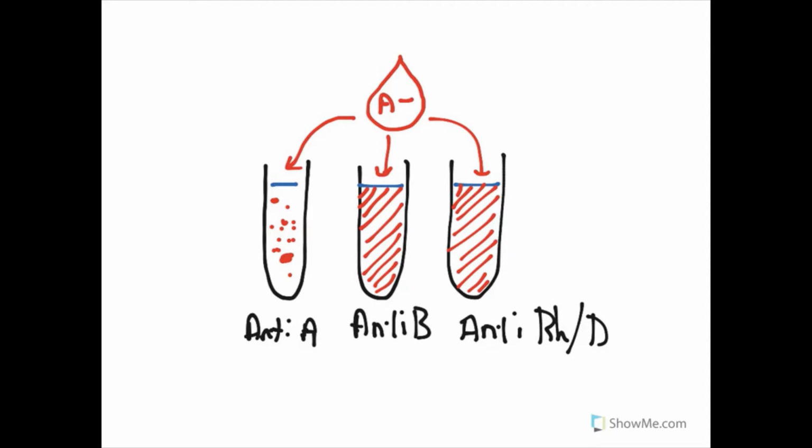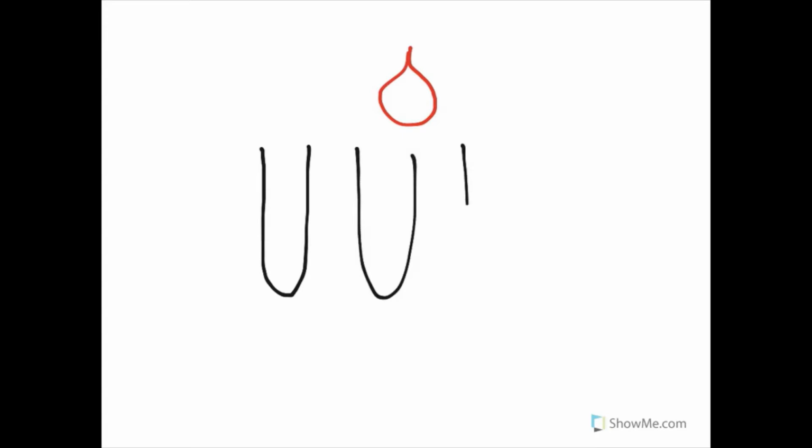Okay, cool beans. So now let's see another mystery blood here, a mystery drop of blood. We've got 1, 2, 3 vials again, our same 3 vials with anti-A, anti-B, and anti-RH.